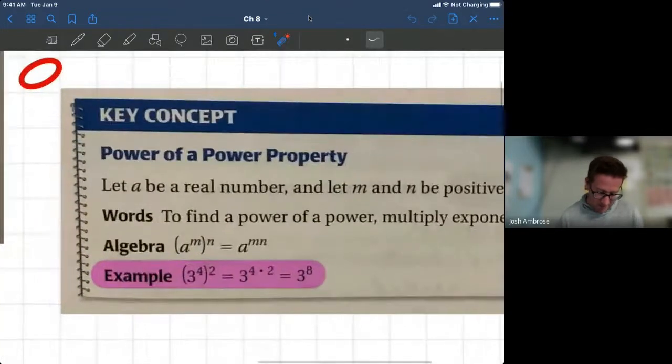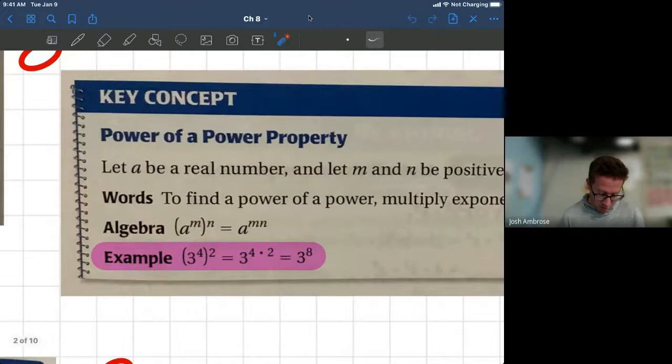What if you are given just one base number to a power, and then the whole thing is brought to another power? That's what we're talking about here. Then you just simply focus on the exponents. If this is what you're dealt, one base to a power to another power, then these exponents will be multiplied by each other.